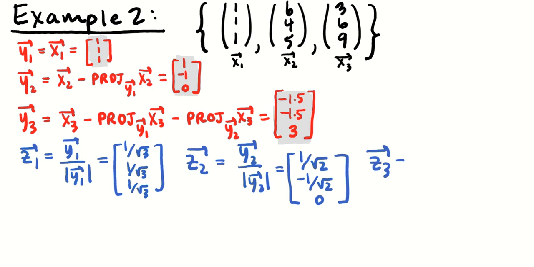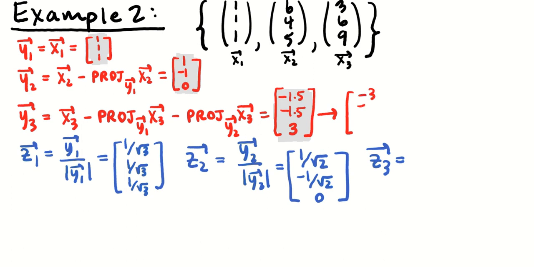And then, what will z3 be? Oh, it's going to be over here. And I'm going to use that same trick I did before. I'm going to make a new vector out of doubling all of these. So that'll be (-3, -3, 6).